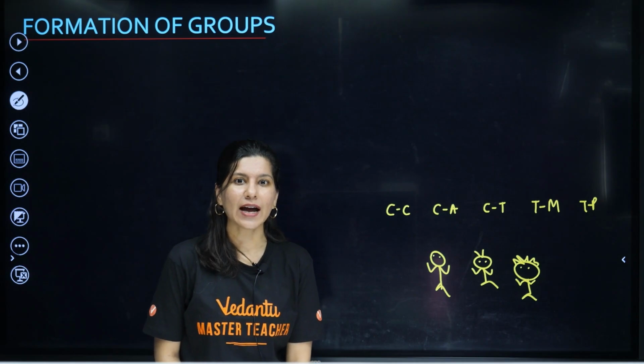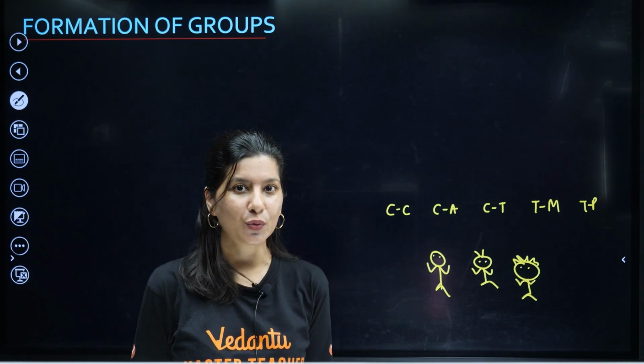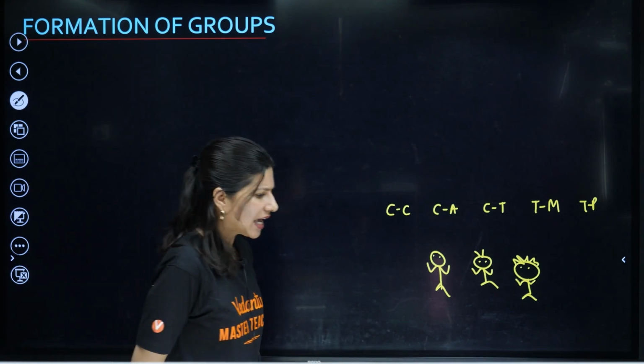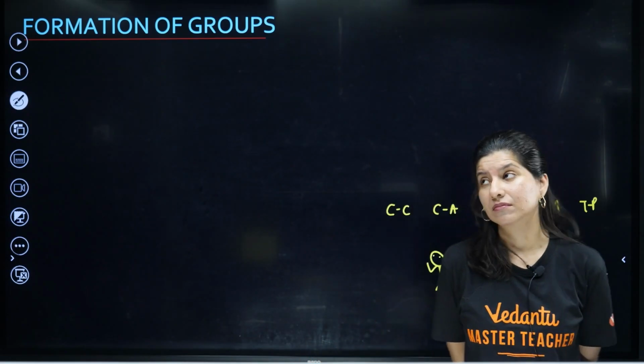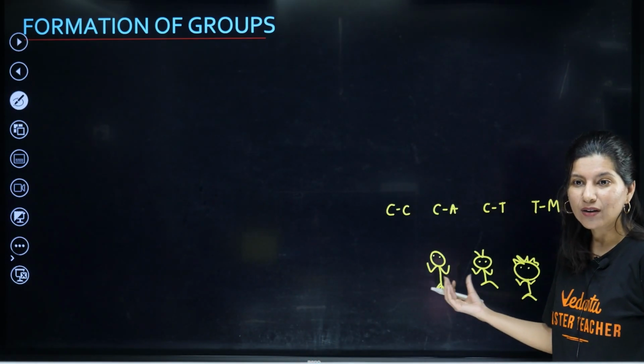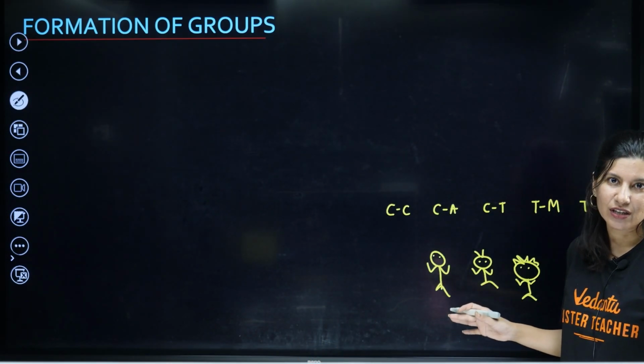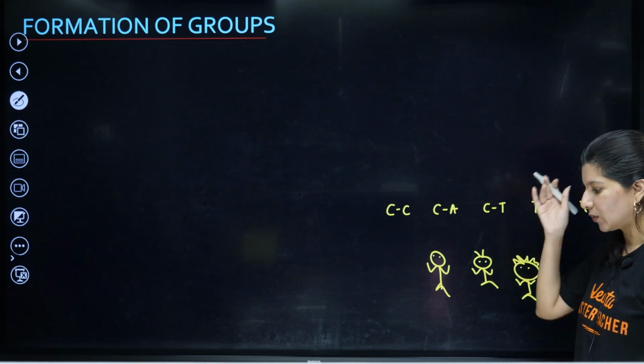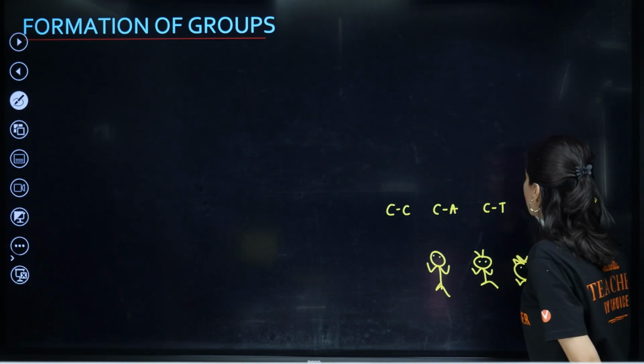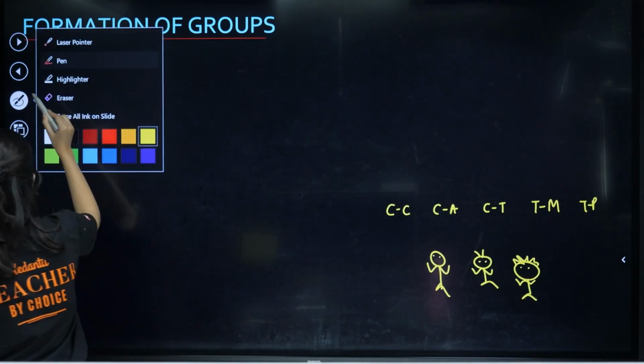For that I will have to make groups, and there can also be a condition that I want to give at least one prize to each one of them. So now formation of groups will help me over here.